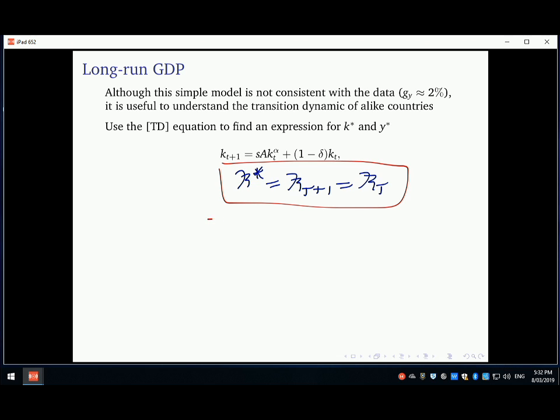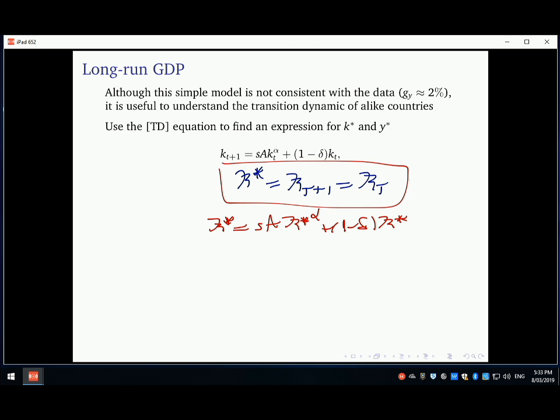So it's just little k star equals little s a little k star alpha plus 1 minus delta little k star. So what I'm doing there is just using the second equation in the first equation, right? It's imposing the steady state equilibria already in our dynamic equation, right?